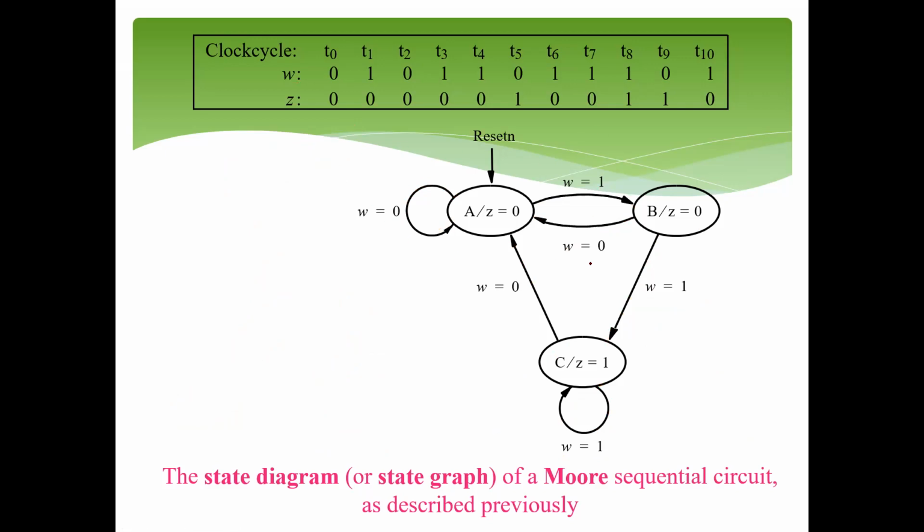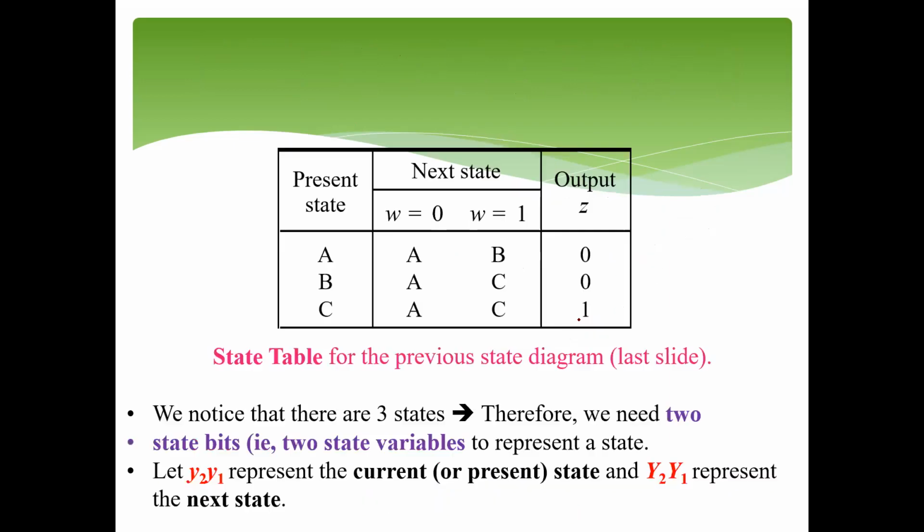So coming back to our example, now this is the state diagram. From the state diagram we need to create the state table. In the state table, I have 3 components: the present state, the next state, and the output.